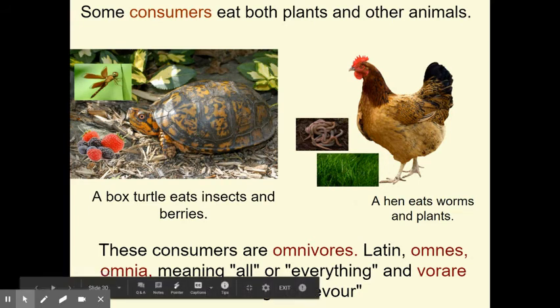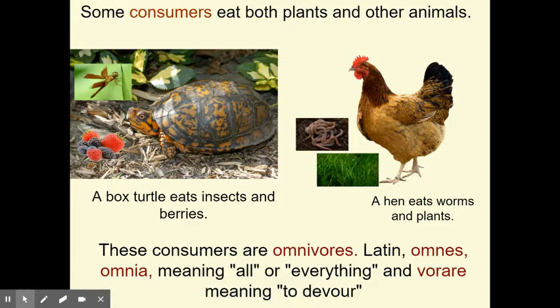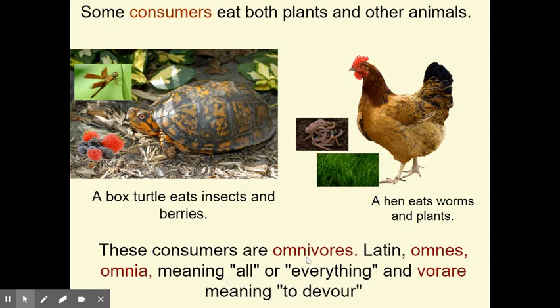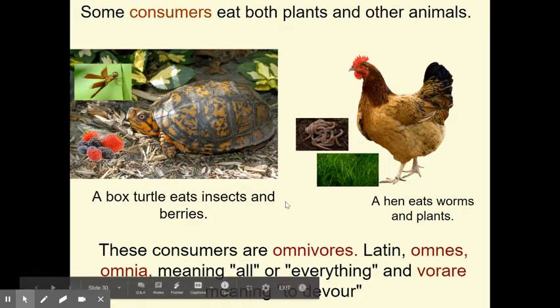Okay, some consumers eat both plants and other animals. These consumers are omnivores. In Latin, omnis, omnia, means all or everything, and vorare, again, means to eat. So the word omnivore literally means all eater, everything eater, okay?